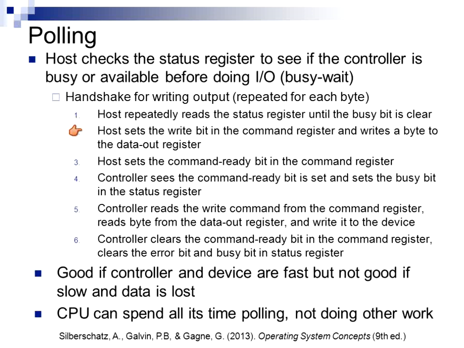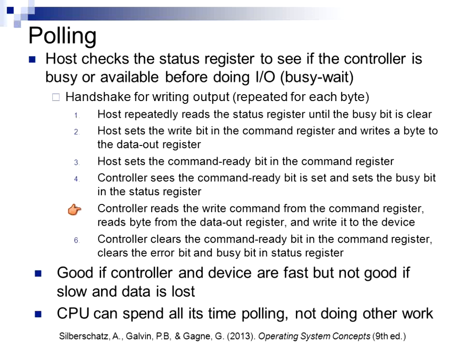We would say we want to read something, and then the controller would go out and read the byte that the CPU needed, and then the CPU would read from the data in register. But for a write, the host would then set the command ready bit, saying, hey, there's something for you to do, controller. The controller will see that command ready bit, and now it's going to say it's busy again. Okay, it was idle, now it's busy again.